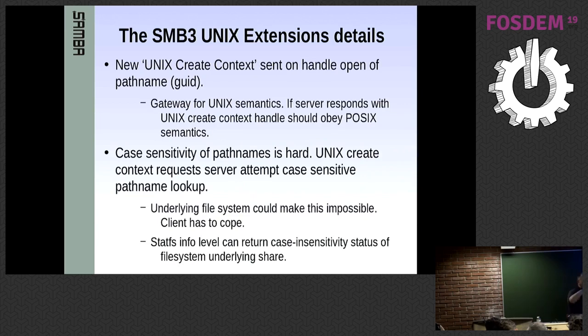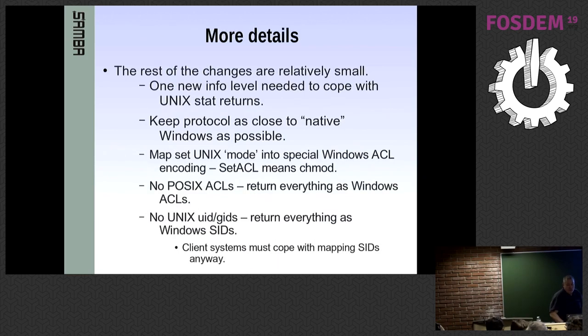It just means you asked the server for that, and it did its best effort. If you really want to know, can this file system give me case-sensitive semantics, there's a separate info level with a bit in it that says, hey, my share can do case sensitivity or not. So it's a best effort request.